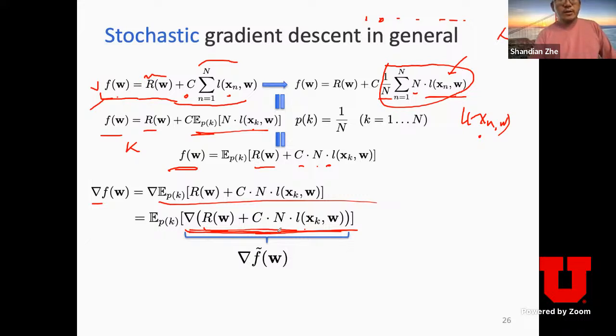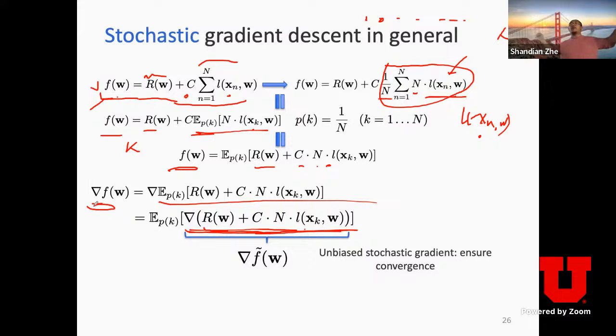And because you take the expectation of this stochastic gradient, you can recover the exact gradient. Then we call this stochastic gradient unbiased. What is unbiased? An unbiased estimate just means that if you take the expectation of that estimate, you converge to the true value. So here, if you take the expectation of the stochastic gradient, you recover the exact gradient. So this is called an unbiased stochastic gradient.